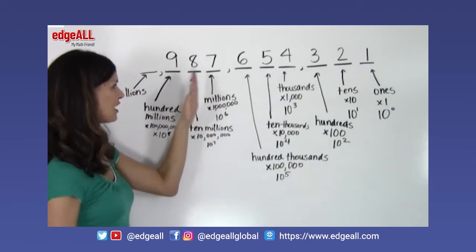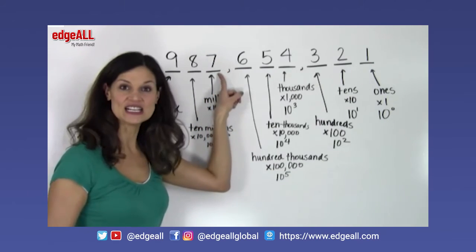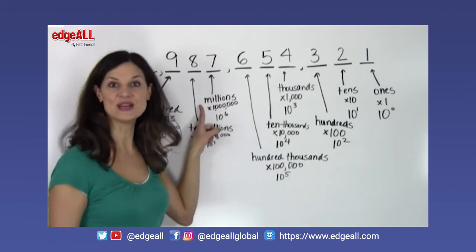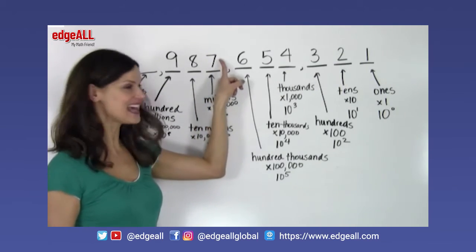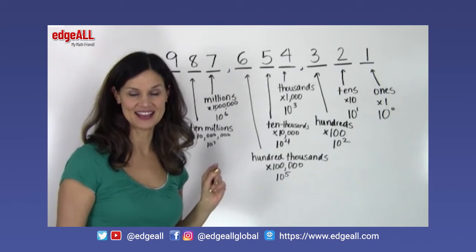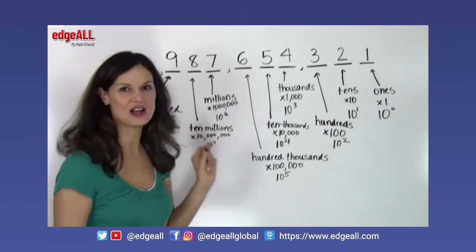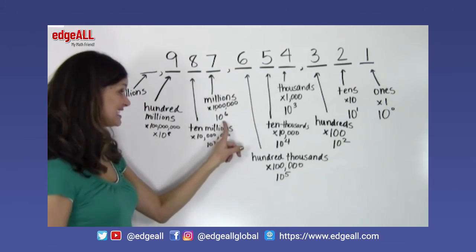Moving over to even bigger numbers, whatever number is in our seventh digit from the right is in the millions place. We take that digit, like this 7 for example, and multiply it by 1 million to find its value. So this 7 actually has a value of 7 million, and that is 10 to the power 6.